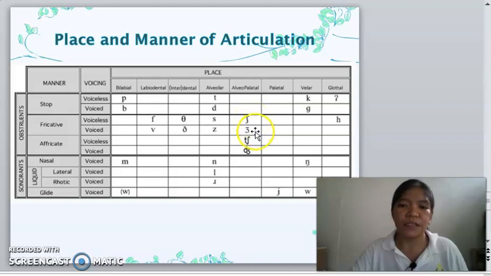The sound of ZH. The sound of CH. And the sound of J. We also have the sound of Y. We have the sound of K. The sound of G. The sound of NG. The sound of W, and the sound of H.